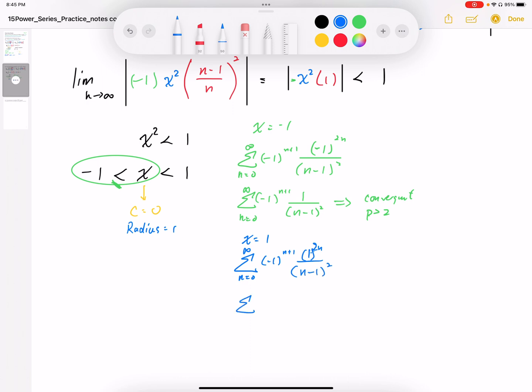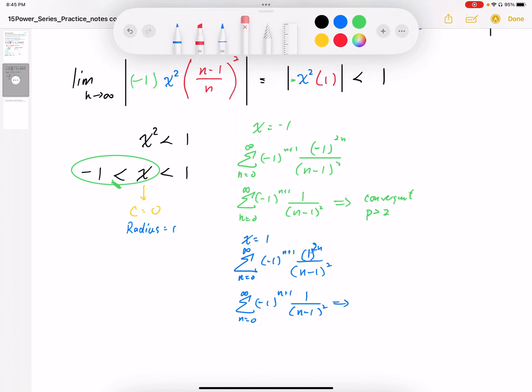I can simplify this a little bit, but essentially this is the same thing. It is an alternating series, but it's a p-series with p greater than 2, so this converges absolutely. We don't even have to worry about that -1, although that -1 will help this converge. It converges absolutely because it's a p-series with p greater than 1.